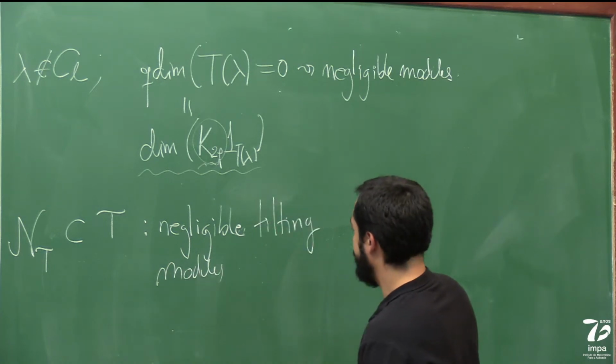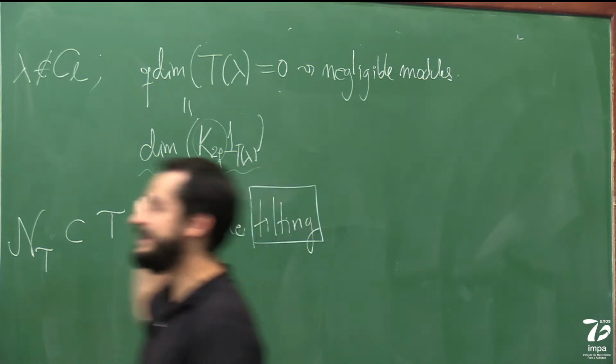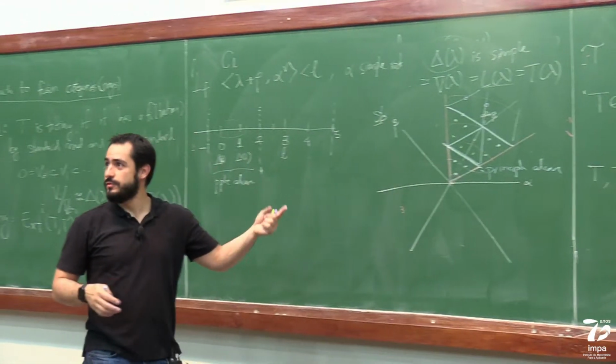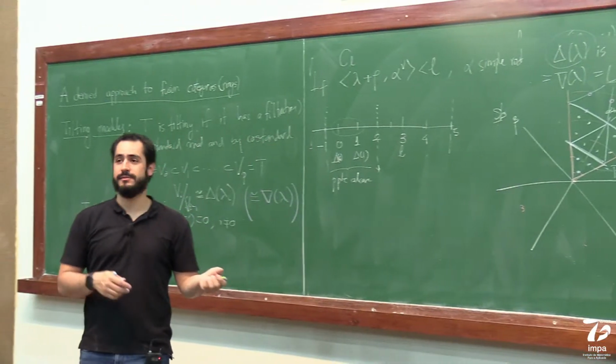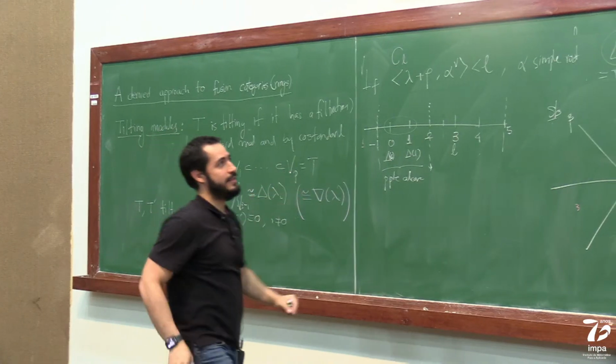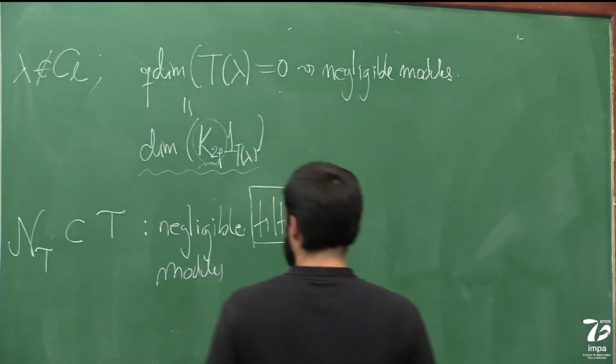One important thing, I'm thinking in tilting all the time. In the tilting category, all of these modules are modules for the enveloping algebra at root of unity, but in the whole category, I cannot do this, just in this tilting category.